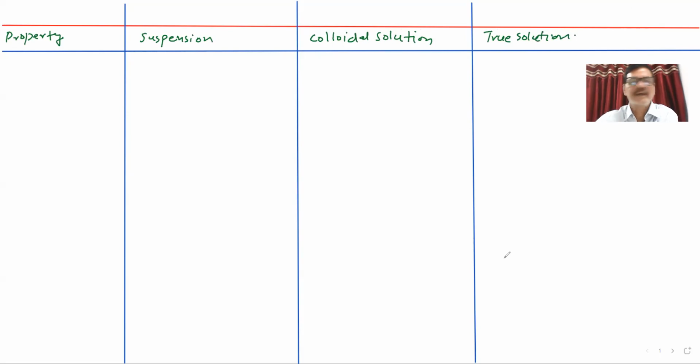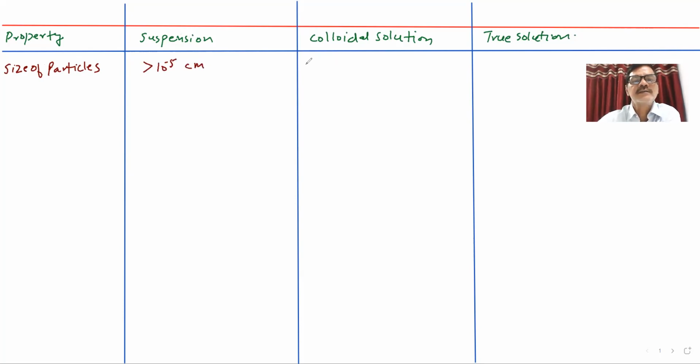So if we compare, the first property is the size of particles. In suspension, the size of particle is greater than 10 power minus 5 centimeter.